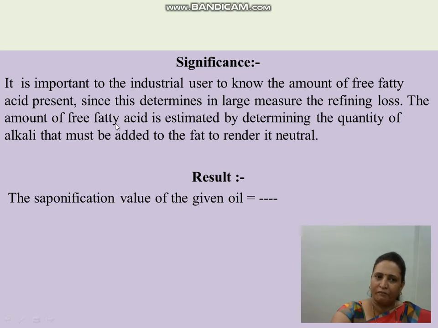The amount of free fatty acid is estimated by determining the quantity of alkali, that is, we are here using KOH. From KOH you can determine the amount of fatty acid, which is because of the presence of oil, alkali that must be added to the fat to render it neutral. So this is the significance of today's practical.